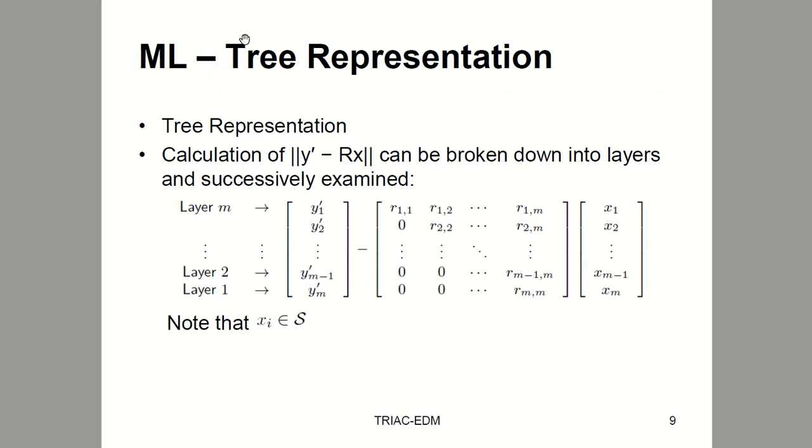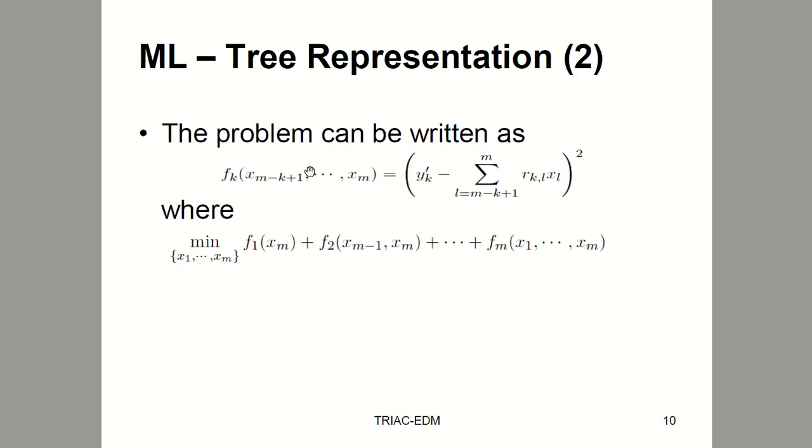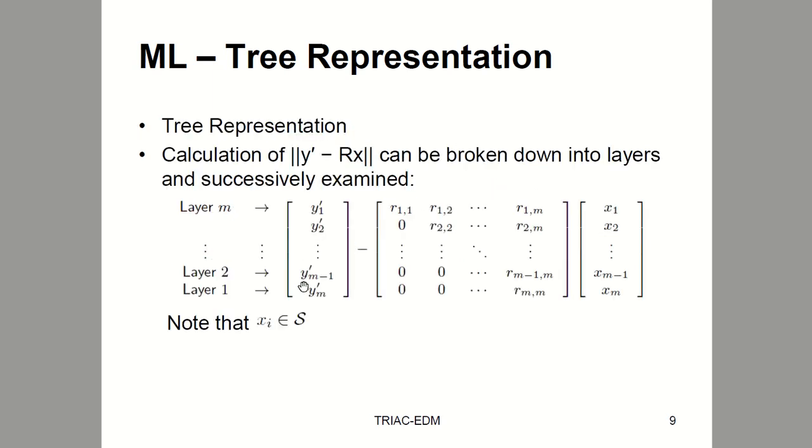Then we can do a tree representation. It can be broken into this part. If you look at this y with this upper triangular R, and this is the variable to be solved, then the problem is this minus this times this, and this minus this times this, and so on and so forth.